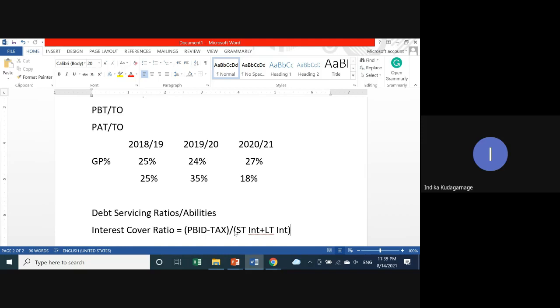Whenever you intend to finance a business on a short-term basis, such as overdrafts, short-term revolving facilities, post-import finance facilities, or pre-shipment export finance facilities, you need to calculate this.